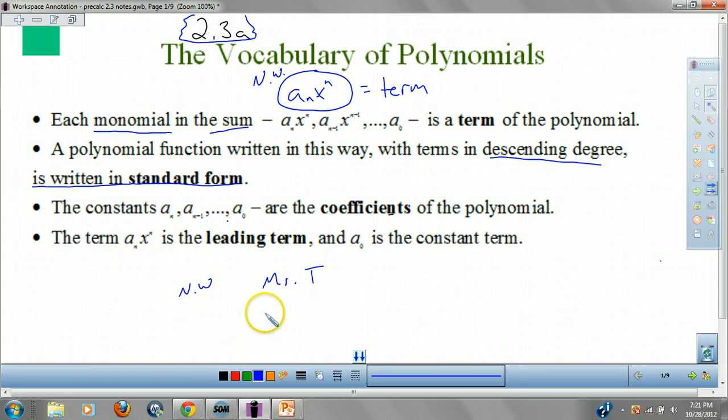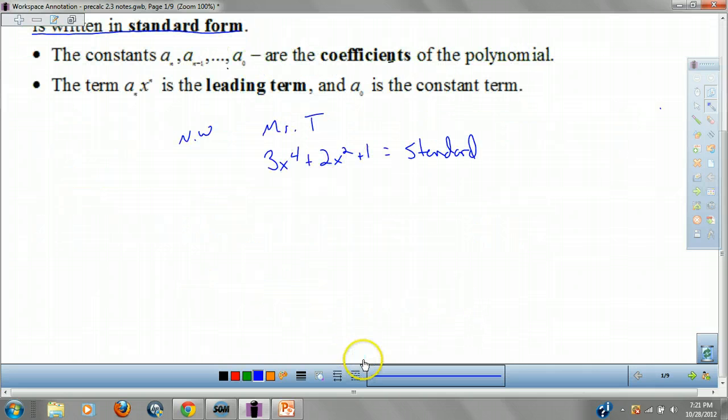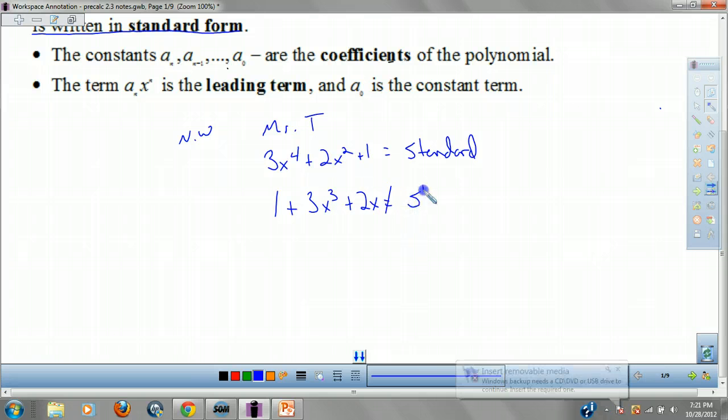Pretty much, standard form means you have something like 3x^4 plus 2x^2 plus 1. That is standard form. But if you see something like 1 plus 3x^3 plus 2x, that is not standard.